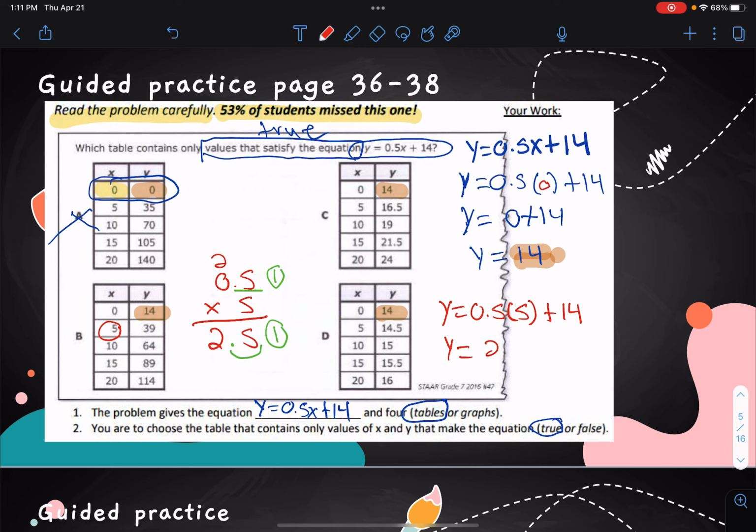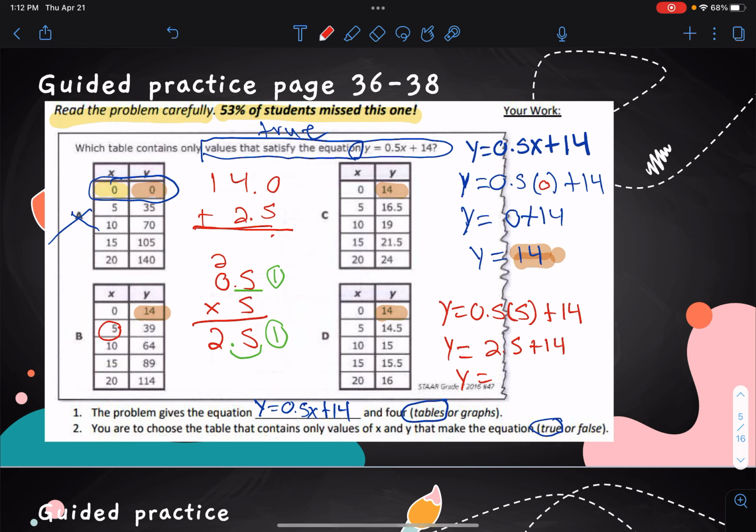That means we should have 2.5 plus 14. Whoops, I can't do that. Remember, you have to line up your decimals. So let's do it correctly. I should have 14 plus 2.5. Remember, when adding, you do have to line up your decimals. I didn't have to line them up for multiplying, but for adding, I do.